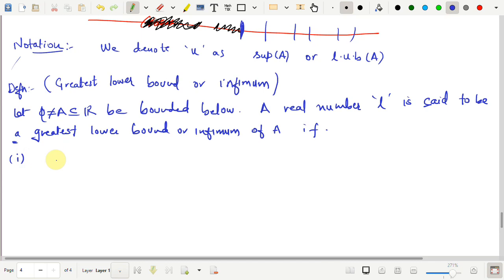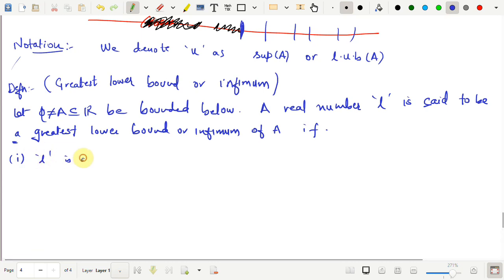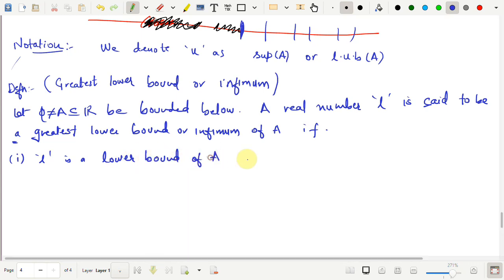The first one, as is obvious, is that L is a lower bound of A. That is, by the definition of lower bound, L is less than or equal to x for all x in A.